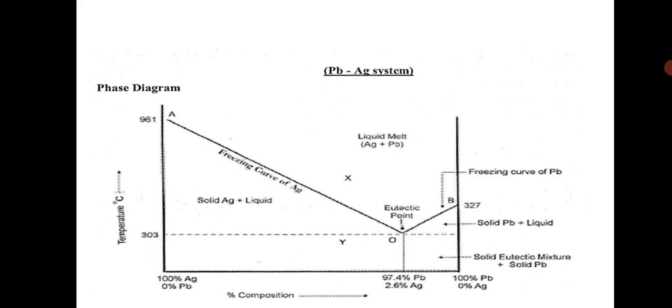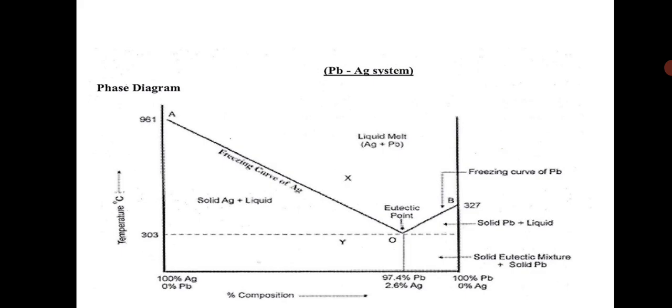Let us see the point O. Point O is called a eutectic point. The curves AO and BO meet at one point. That point is at a temperature of 303 degrees centigrade, where all three phases, solid silver, solid lead and liquid melt, are in equilibrium. Therefore, here the system exists in a non-variant state. Component value is equal to 2, P value is equal to 3.